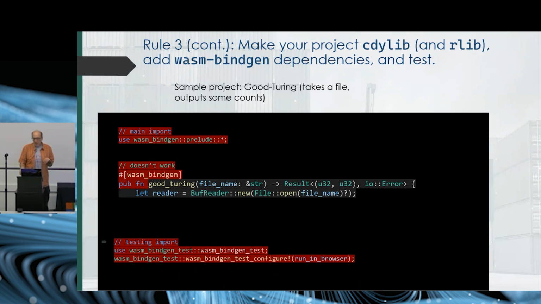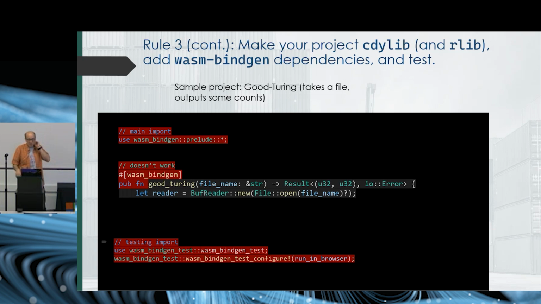The first version of it takes a file name, reads the file in by turning it into a BufReader, and does some more processing not shown here. If everything works, it'll return 2 numbers, and if there's a problem, it'll return an IO error. So for now, we'll just mark that as we want it.